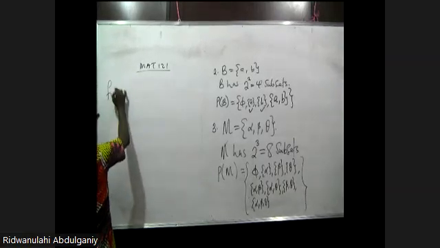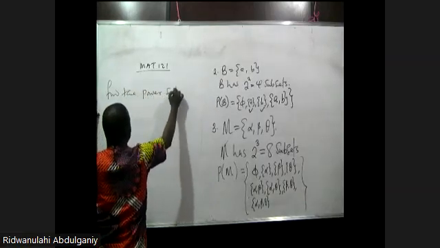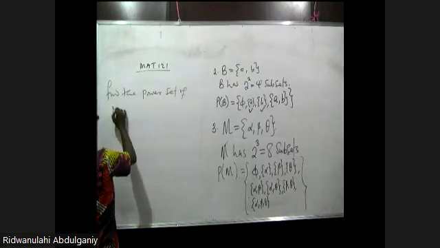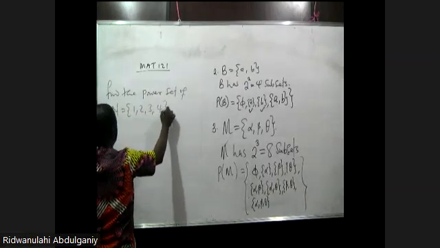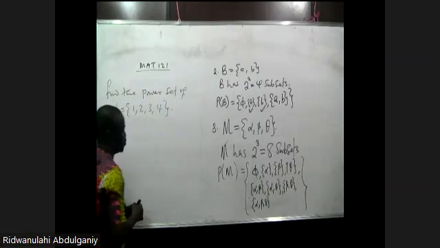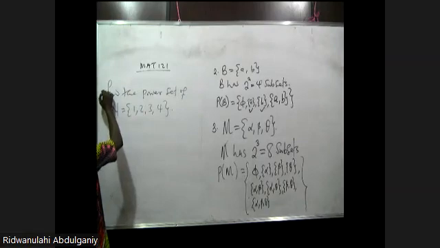Now your assignment under power sets. Find the power set of N equals 1, 2, 3, 4. That is Roman figure 1.